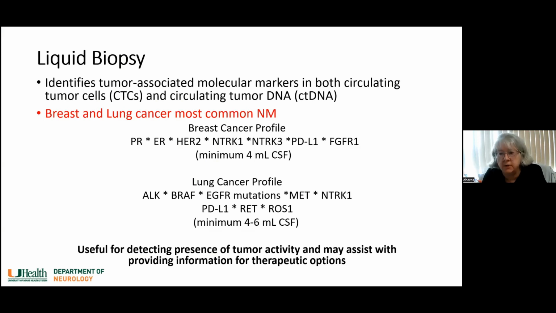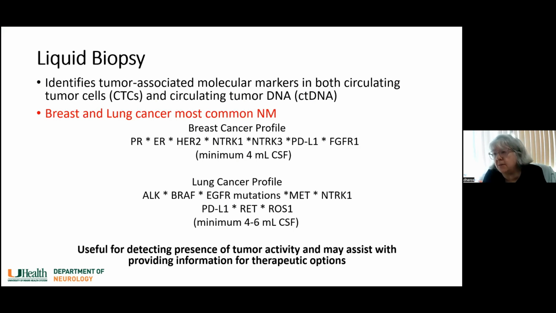This is also another way of looking at the genetic profile for CNS disease, leptomeningeal disease, and they're finding that even if patients do not have clinical leptomeningeal disease, but brain mets, we can also see some changes in the spinal fluid, both in looking for circulating tumor cells, as well as circulating tumor DNA when the cells are undergoing apoptosis or ruptured cells. We can find components of the DNA and look for the different mutations.